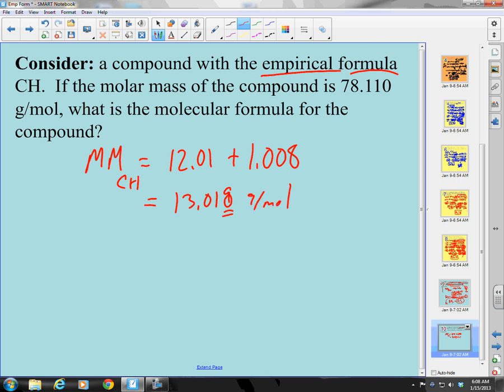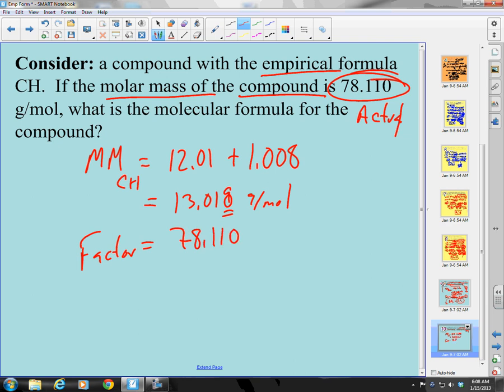Good. What is the molar mass of the real compound? It says the molar mass of the compound is 78.11, which means my actual molar mass, right? I want to calculate my factor. And it's 78.110 grams per mole over 13.018 grams per mole.